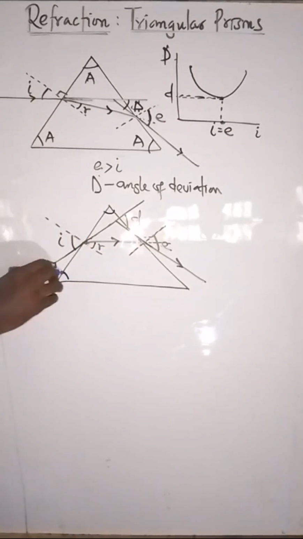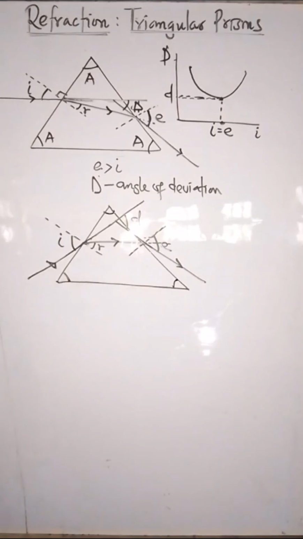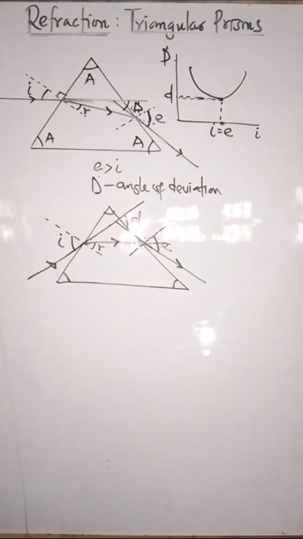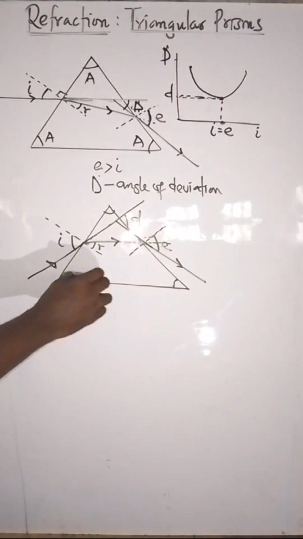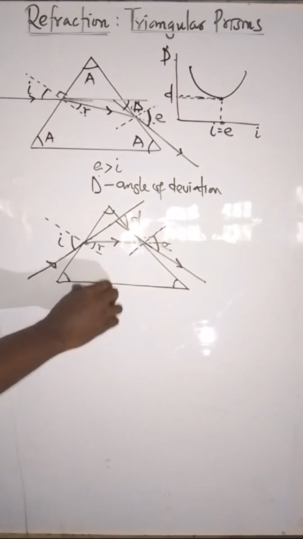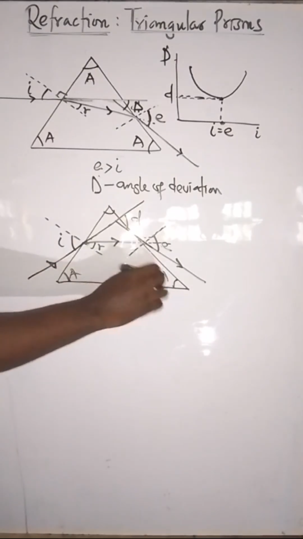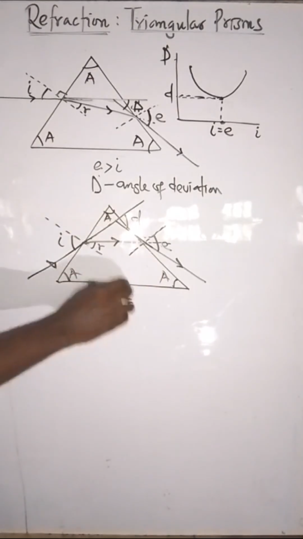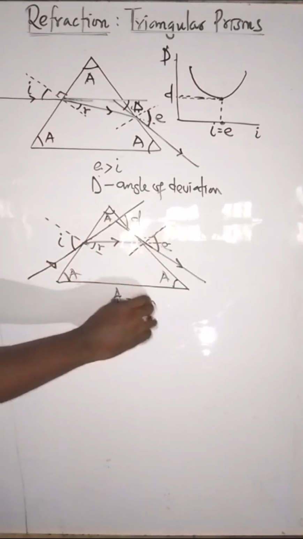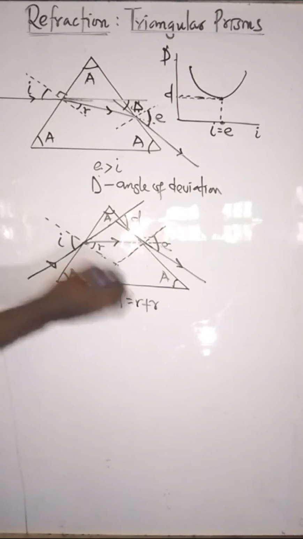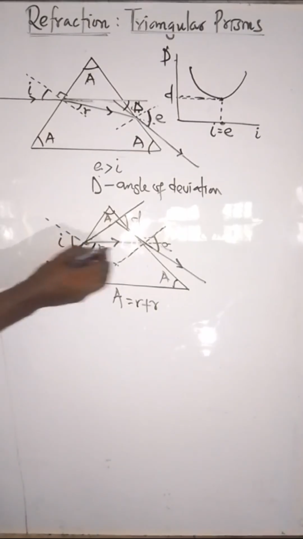This is A. And we can prove by geometry here that the refracting angle of this prism equals R plus R. We can show it if you extend this and extend this. This will have equal length. So if this is R, this will be R.